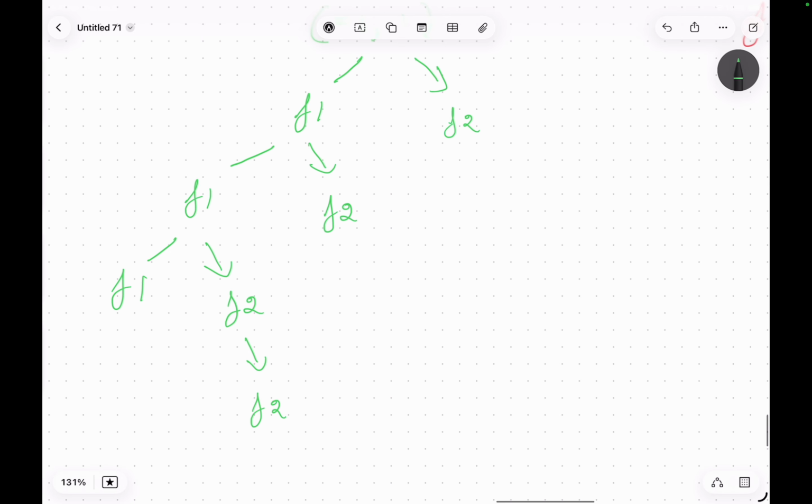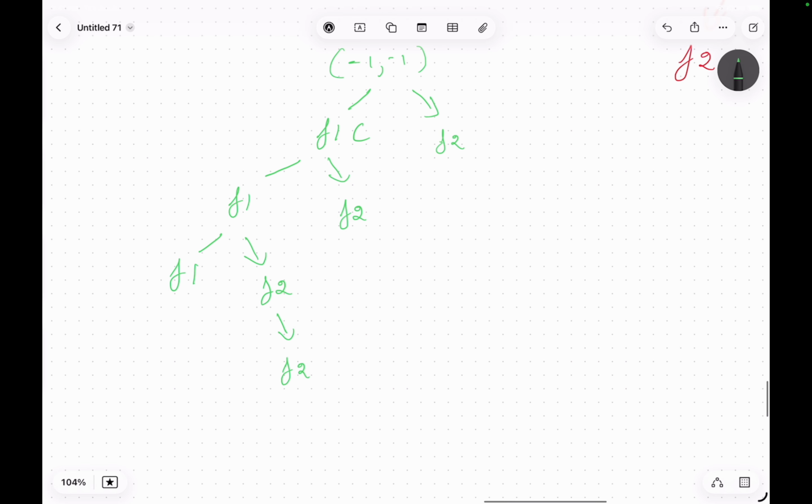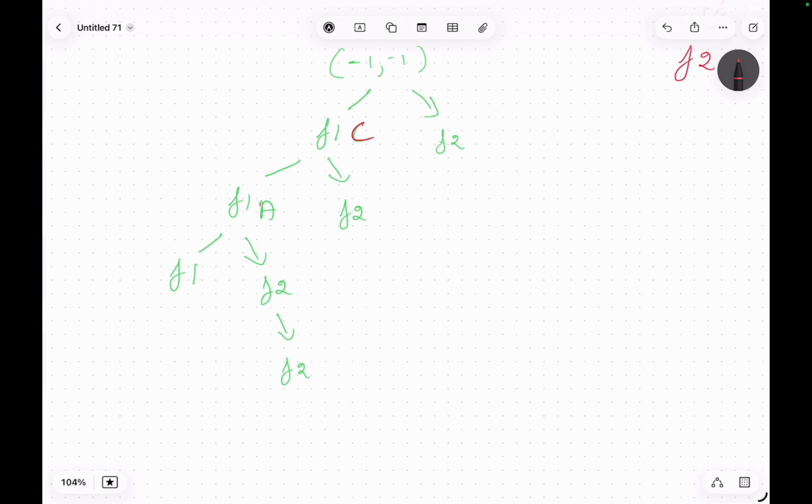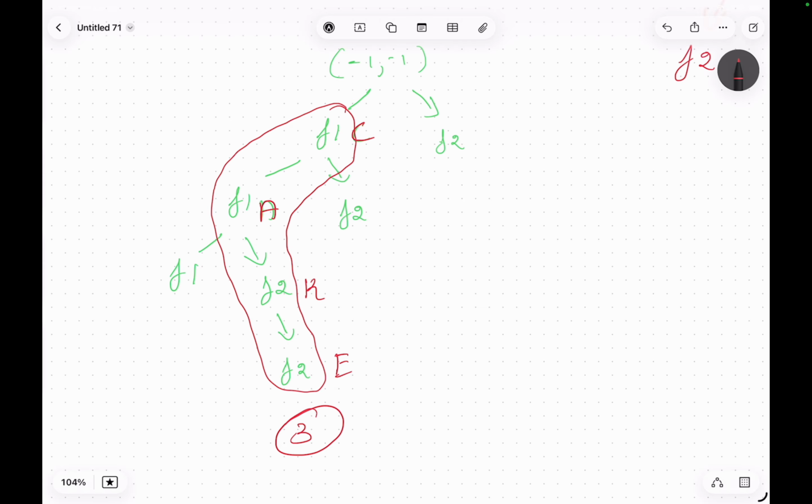So we choose C A K E. This results in 3, and this is the minimum among all the possible solutions. This is the path which we are choosing to derive that particular solution.